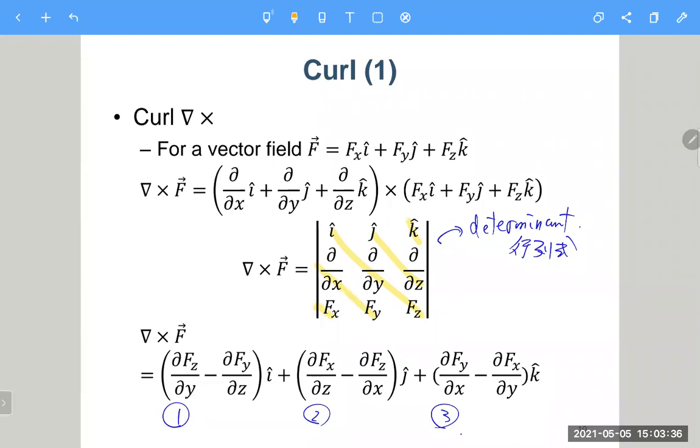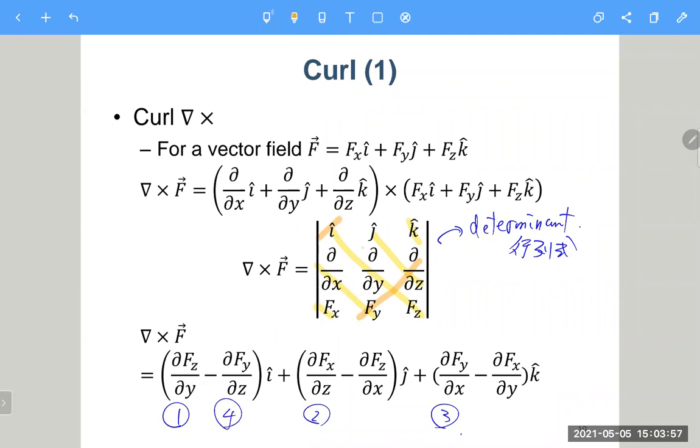The first one is like you draw it like this: i partial z f_y. So this is i partial z f_y, but we are drawing this line in another direction, so we have a negative sign here. So this is the fourth one.